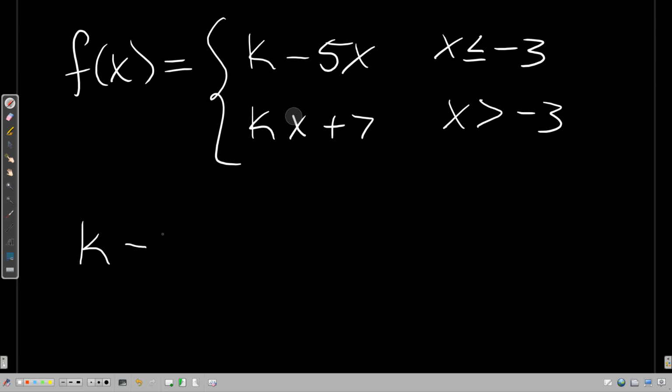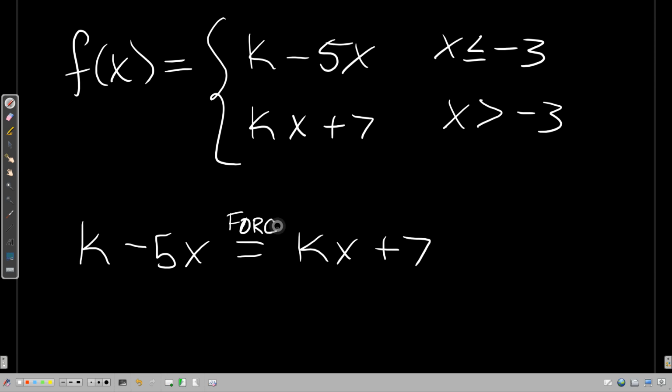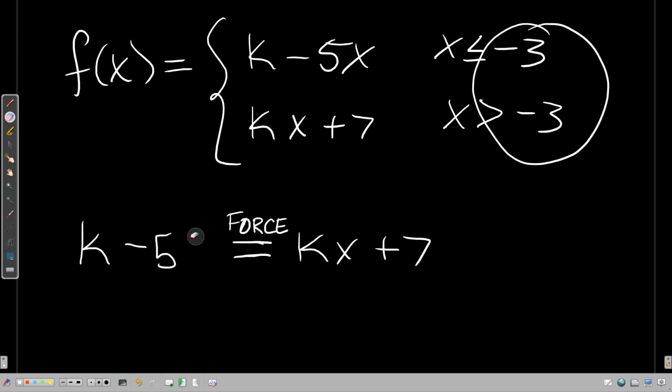If I just put them equal to each other, then this has the effect of saying that the two pieces adjoin. They join up right at -3.